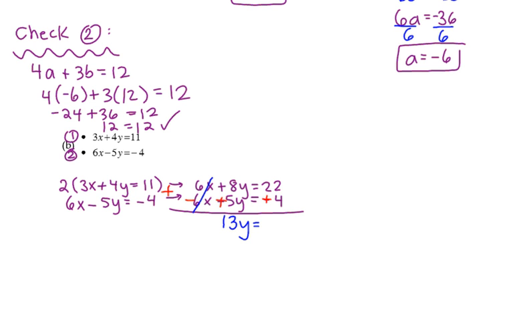Because if you subtract the negative, you're adding the 5. And that's why if we just switch all the signs of one of the equations, then you can just add. 22 plus 4 is 26. Divide both sides by 13. y is 2.